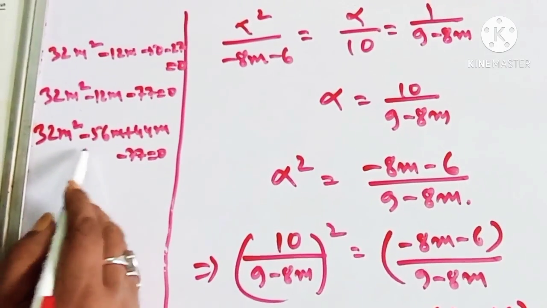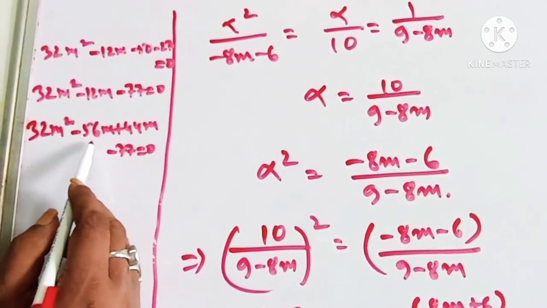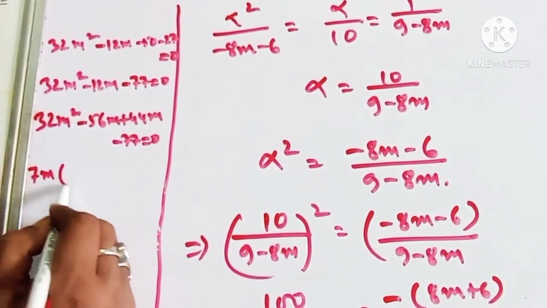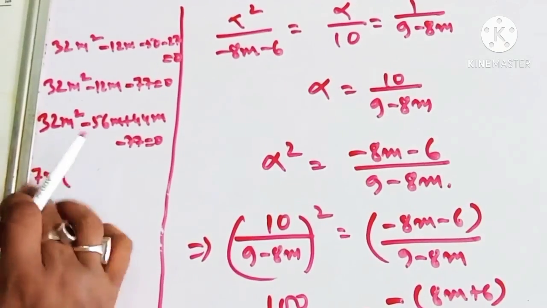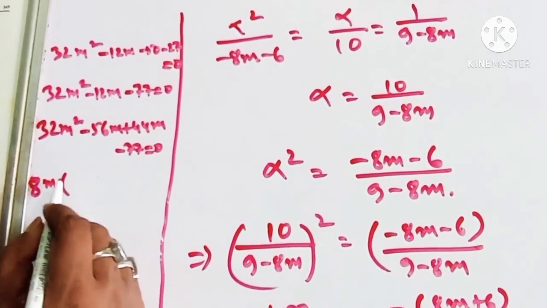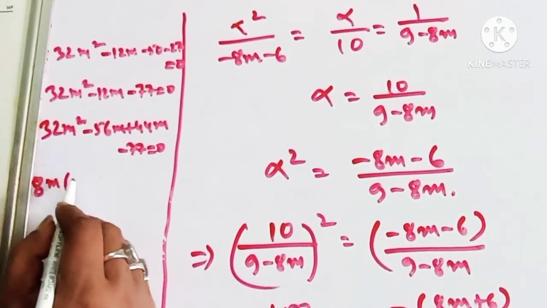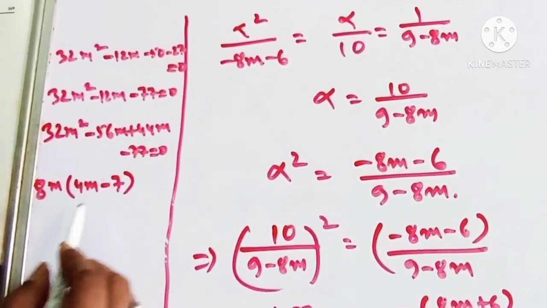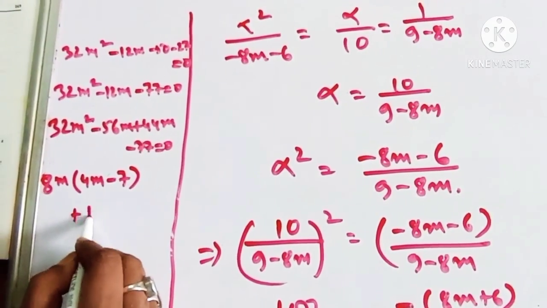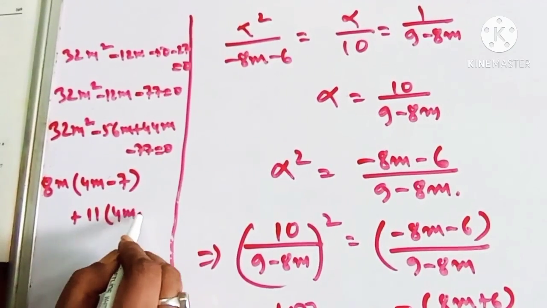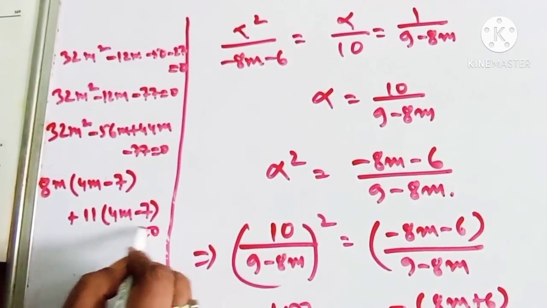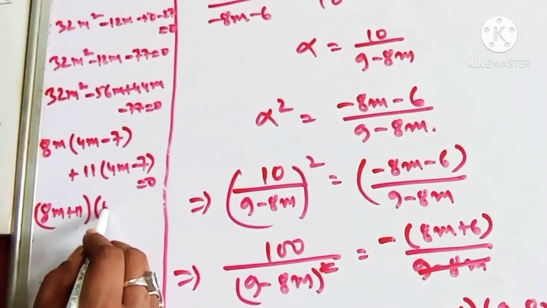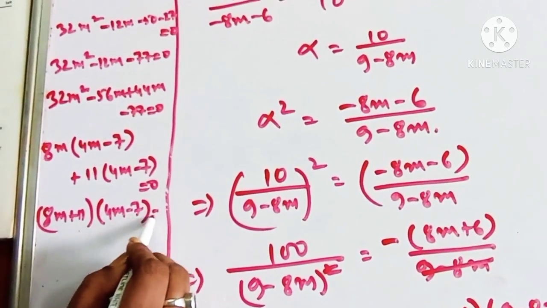So here 7 is common: 8m minus 7, sorry, 8m into 7 is 56, so this will be 4m minus 7, and here 11 is common, so 4m minus 7 equal to 0. So 8m plus 11 and 4m minus 7 equal to 0.